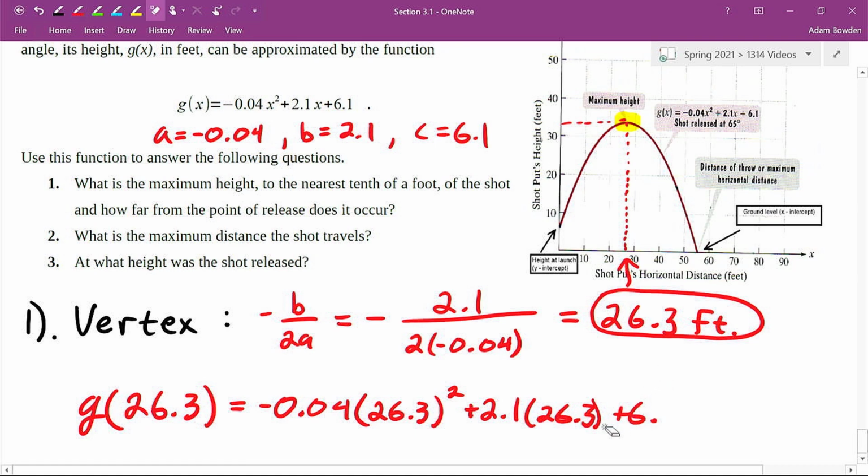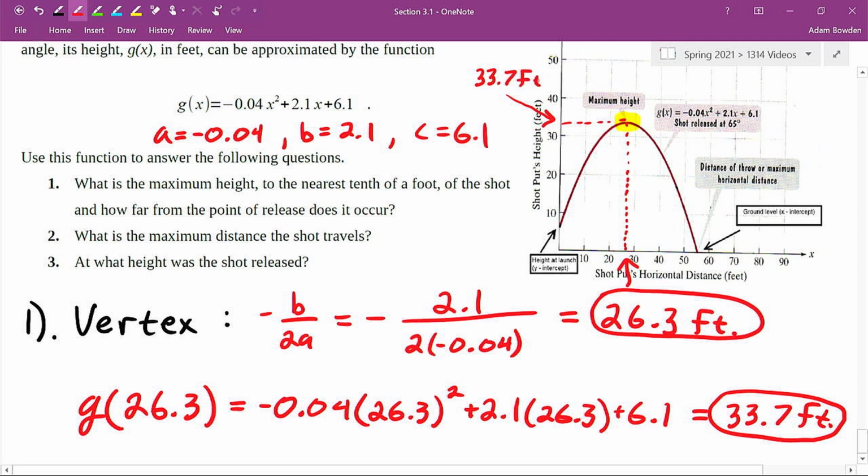Plugging into the function will look something like this. I just had to run the calculator through that, and I came out with 33.7 feet. So up here, where it got to the highest point off the ground, it was 33.7 feet off the ground. So that's the first part.